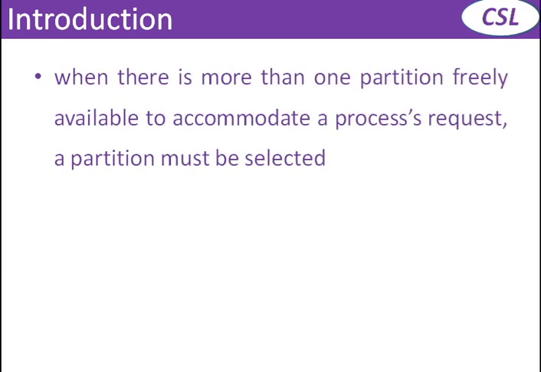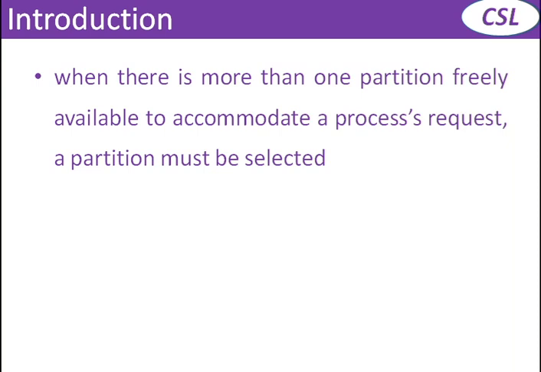when there is more than one partition freely available to accommodate a process request, a partition must be selected. Let us say a process request comes to the memory with 5K size, and within the memory only one partition is available with 5K, then there is no problem. That process is accommodated in that particular partition.